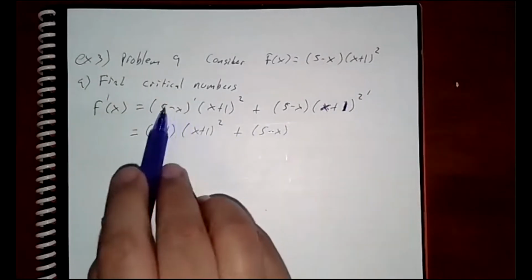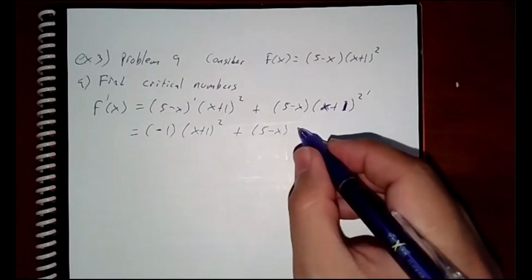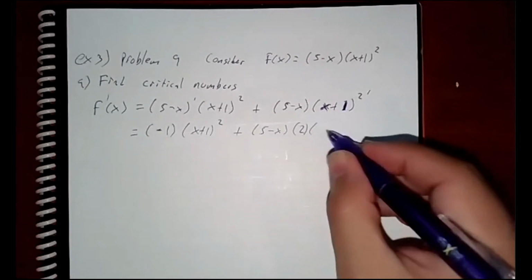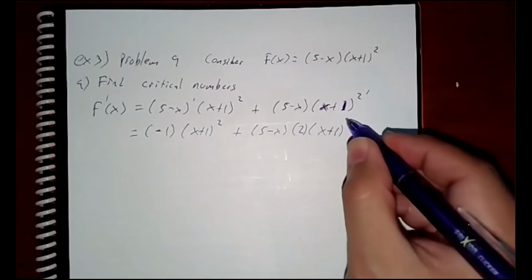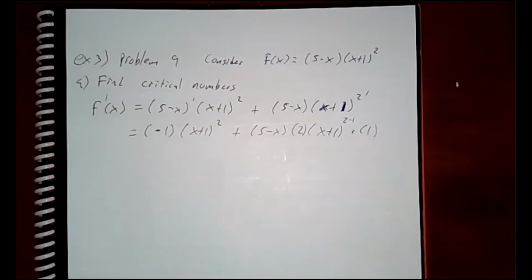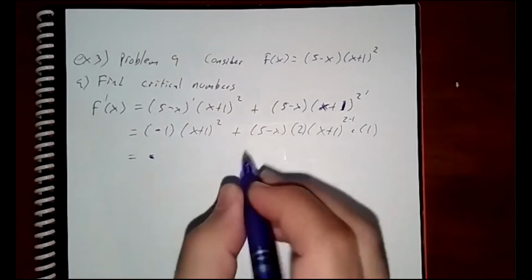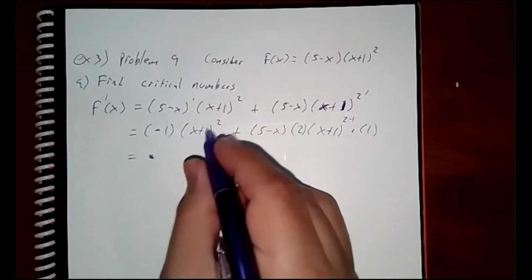Okay, so that becomes a -1. This will be bring down the 2, subtract 1, and then multiply by the derivative of the inside. Okay, so that'd be negative. I'm going to go ahead and multiply this out.